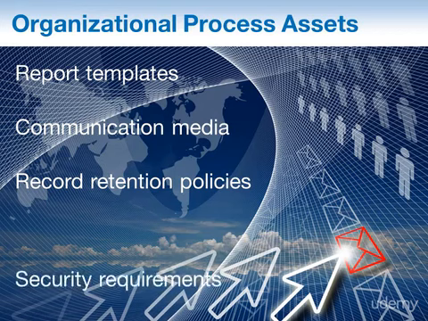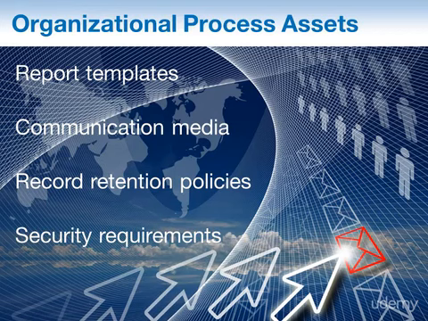And lastly, security requirements. You have to follow overall organizational security policies on communication. You may be leading a key project where security is imperative to maintaining your organization's competitive advantage. This applies to all steps of the communications chain, all the way to disposal. Overall, you need to be aware of and understand your organizational process assets so you can properly control communications.